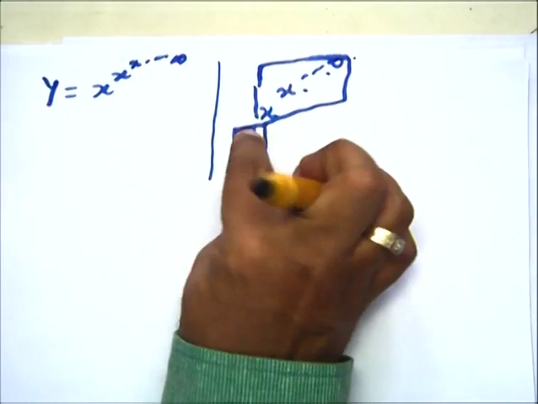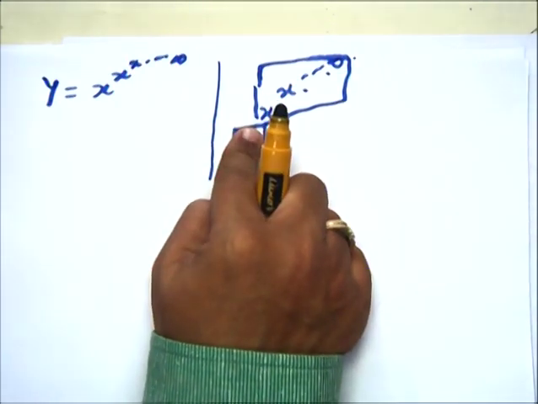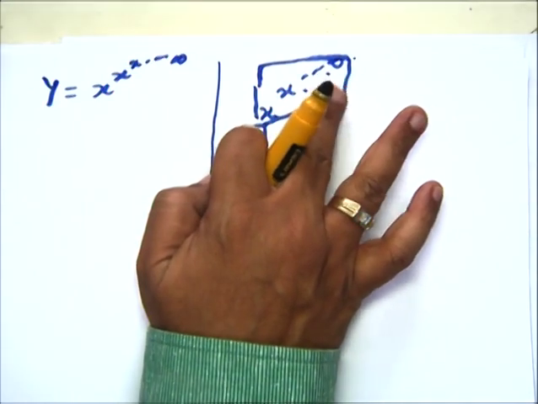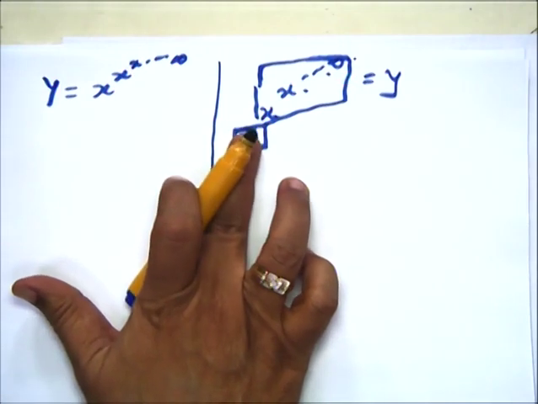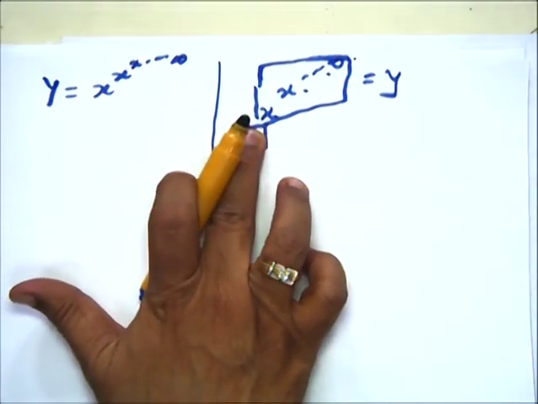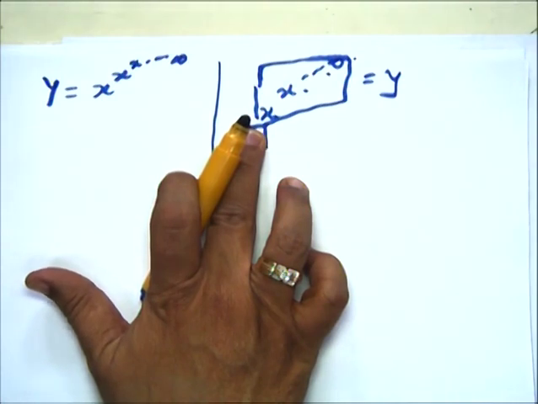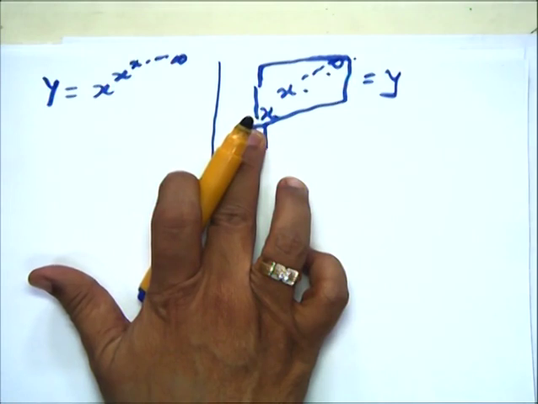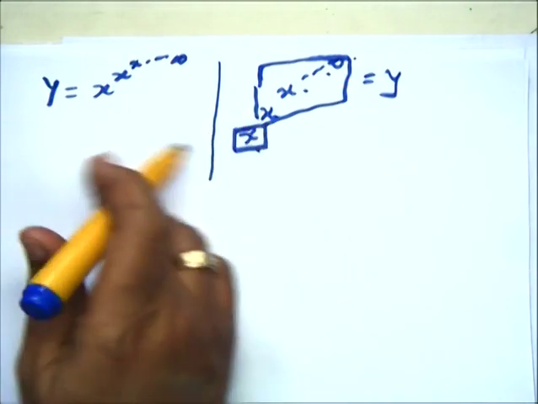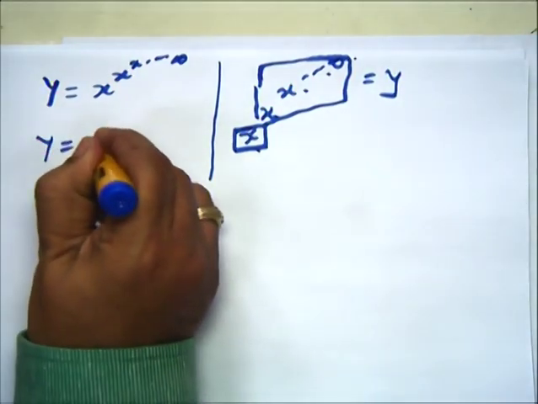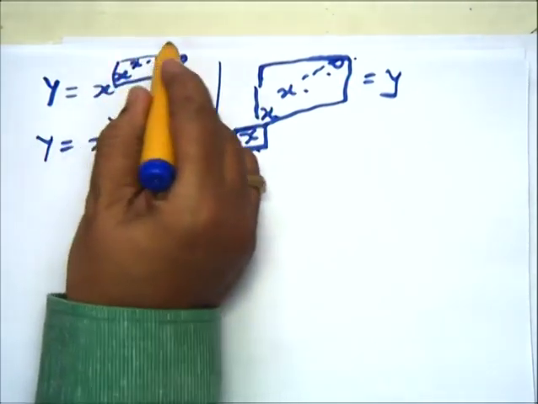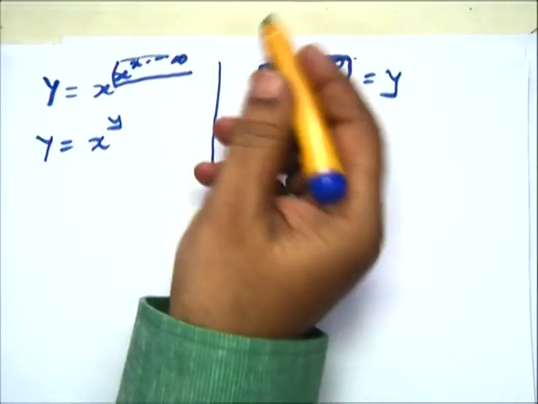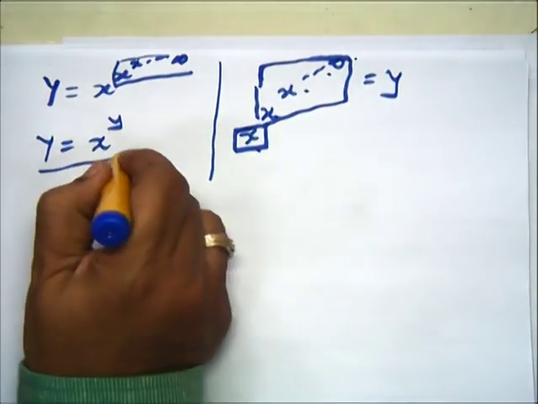If I take x separately, the remaining function which I have is nothing but equal to y. So if I hide this x, although we have infinite powers of x raised to x raised to x, that will also remain y. So rewrite this function as x raised to y, because this is nothing but y, since y is x raised to x raised to x raised to x, infinite times. So now the things are very simple.